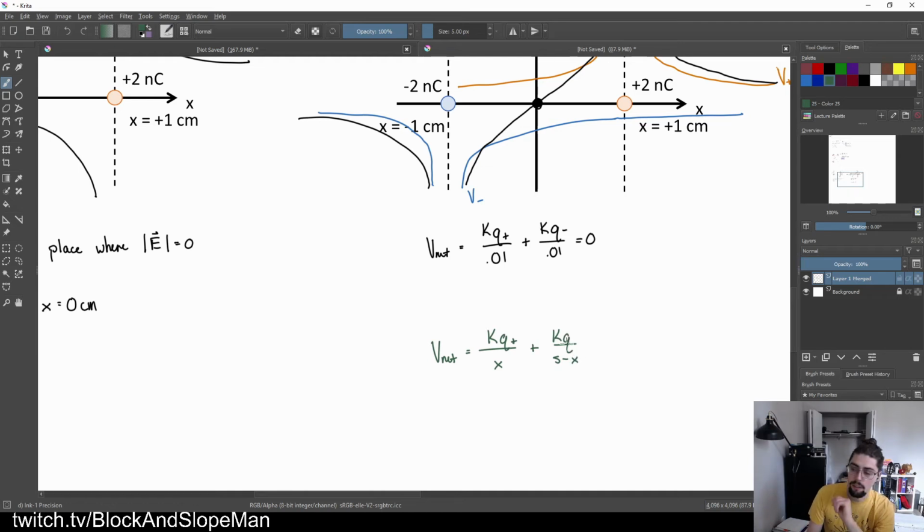Just in case these charges weren't quite the same or weren't centered up. This one we can kind of see and set up that way, but you might have problems where it's not such a clear-cut case. You've got to find some way to relate both of those distances to the same x. That's how you treat those other problems.